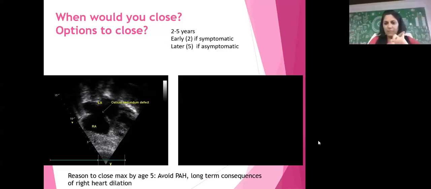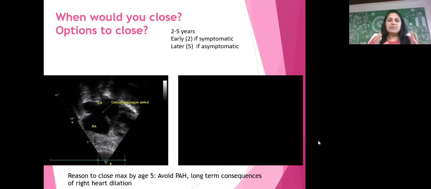So that is one. Now you may say, okay, why don't I wait till 10 years? Anyway, there's no pulmonary hypertension. Let me wait till 10, 12 years and operate. The reason is that the longer you keep the right atrium and right ventricle dilated, when this child becomes an adult and gets coronary artery disease and his lifestyle diseases, his diabetes mellitus and his hypertension, right?